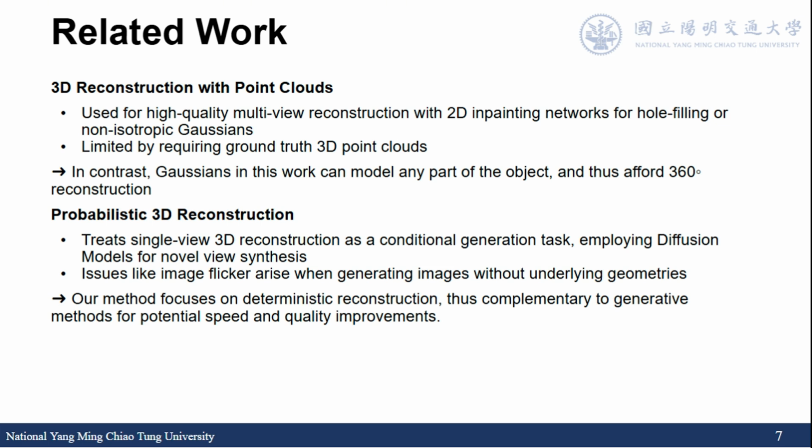Generating images without underlying geometry can lead to image flicker, which negatively impacts the quality of the output. Our method, on the other hand, focuses on deterministic reconstruction, ensuring more stable and reliable results. And this makes our approach complementary to generative methods, as it has the potential to improve both speed and quality when combined with other techniques.